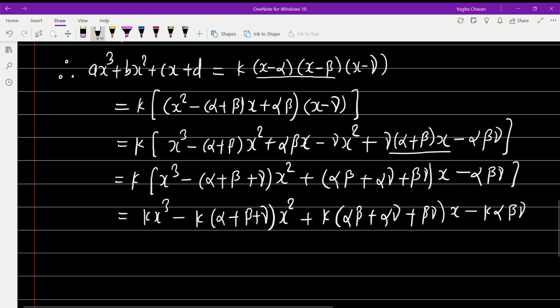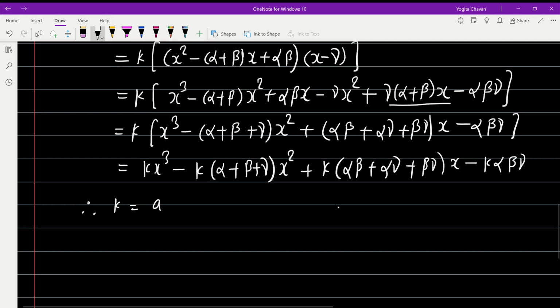Now observe the left hand side, it is ax cube plus bx square plus cx plus d, and the right hand side is this cubic polynomial. Now compare coefficients. Coefficient of x cube on the right hand side is k, and on the left hand side it is a. Therefore k is equal to a. Coefficient of x square: minus k into alpha plus beta plus gamma is equal to b.